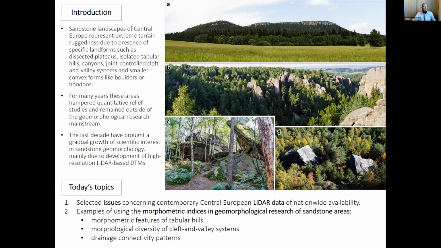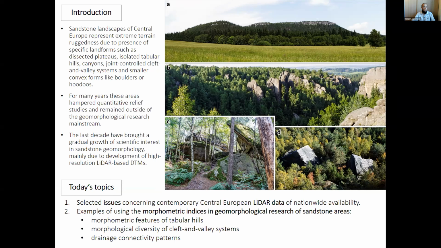And yet for many years, these areas hampered quantitative relief studies and kind of remained outside of mainstream of research. And things have changed over the last decade, mainly due to development and increasing availability of high-resolution LiDAR-based DTMs, which in turn have brought a gradual growth of scientific interest in sandstone geomorphology.